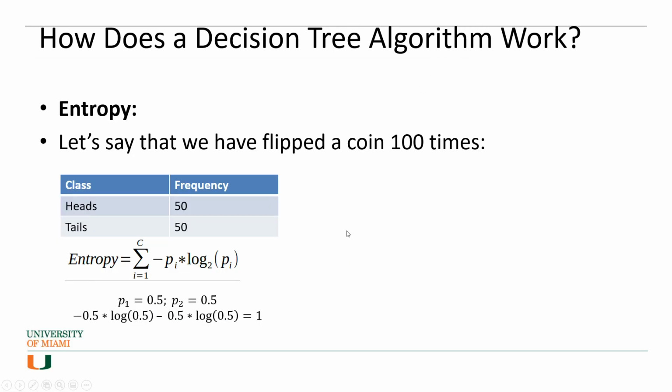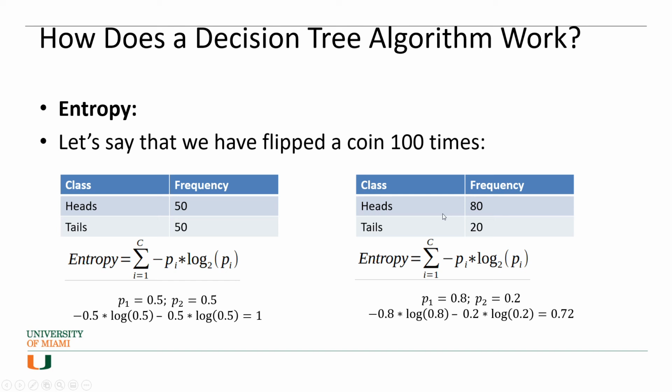Now, if we had a rigged coin in which the probability of getting heads was 80%, whereas tails was only 20%, you would be able to plug in the numbers, and you'd see that the entropy would be 0.72, right?